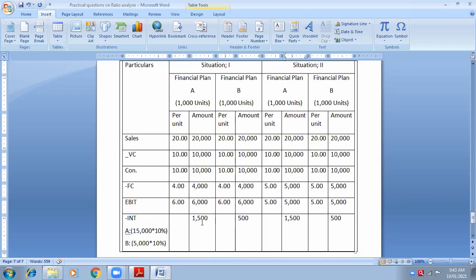So it is 1,500 and 500, again 1,500 and 500. How will you calculate rate? 1,500 divided by 1,000 is 1.50. And 500 divided by 1,000 is 0.50.